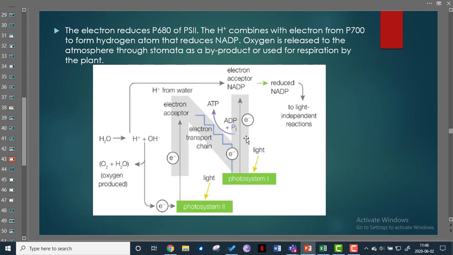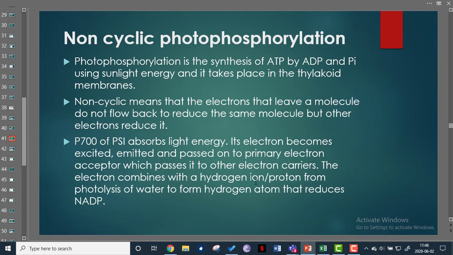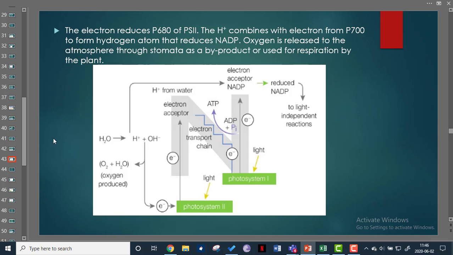So this electron here will combine with it, and then it will form a hydrogen atom that reduces NADP. And that's why we end up finding reduced NADP at this section here, after this electron combines with this hydrogen from water to form reduced NADP, and this one is taken to the light-independent reactions.